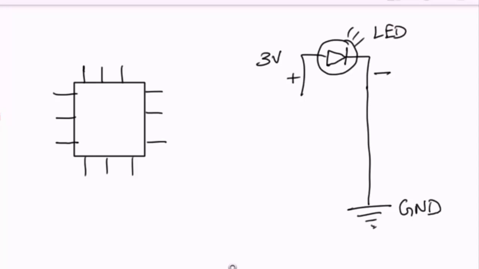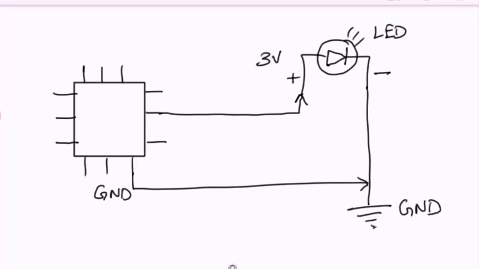That means we have to connect the LED positive pin to any one microcontroller pin and connect the other side of the LED to ground. This ground will actually be a common ground between the microcontroller and the LED, because the microcontroller also has a ground pin. In reality, these two pins will be connected at the same point.